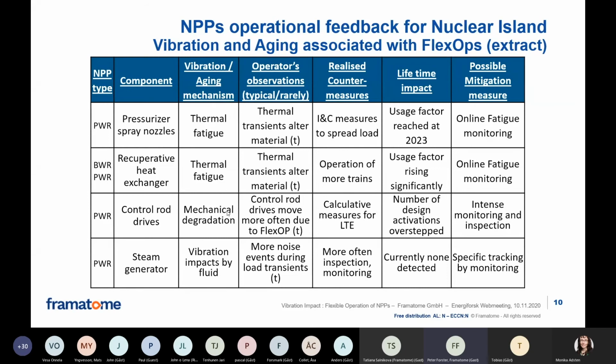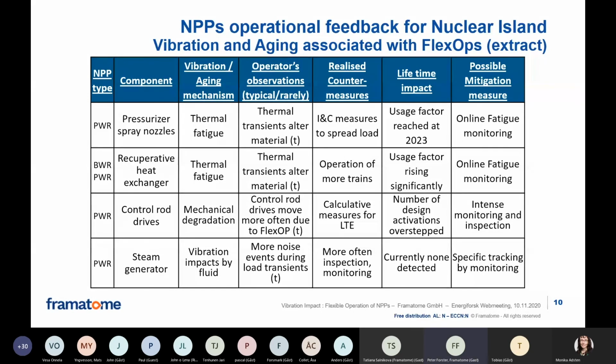A realized countermeasure is operation of more trains during part load operation or flexible operation to spread the thermal loads on more trains. The usage factor is already rising significantly by this, and fatigue monitoring is also seen to better deal with this problem in the future.